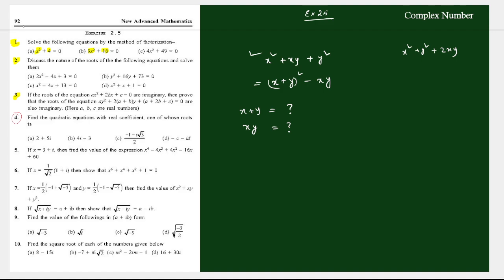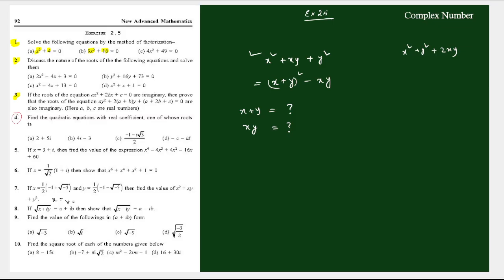And then, the equality of complex numbers: equate both sides, the real part and the imaginary part, you write down. x will be your real part and y will be your imaginary part, and then you put the value here. After that you take the root, you will get the answer.